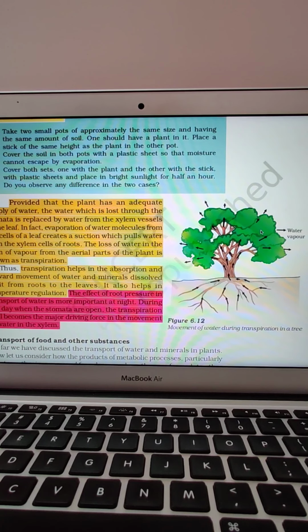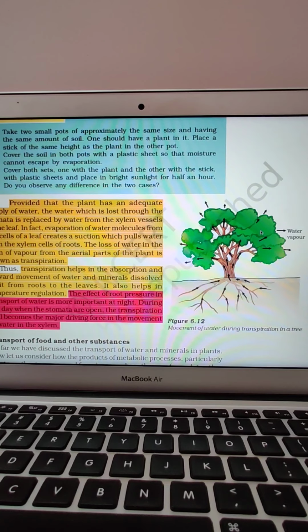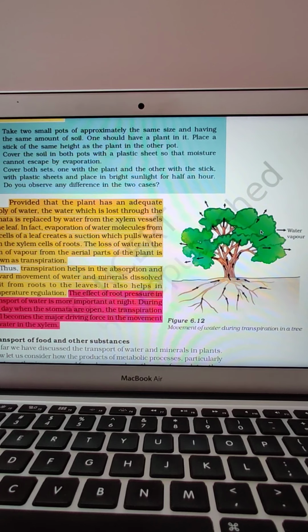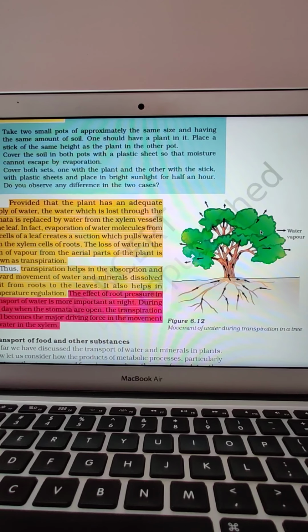This process of transpiration also helps in temperature regulation of the plant. So during daytime, transpirational pull acts as the major force for transport of water in the plant, but during night, root pressure occurs due to the difference in concentration of active ions between root and soil, which helps in conduction of water.